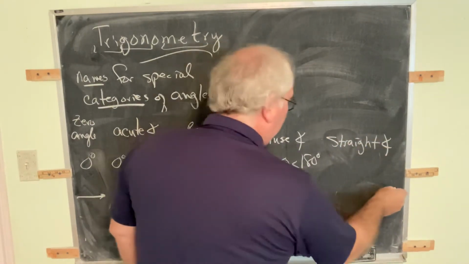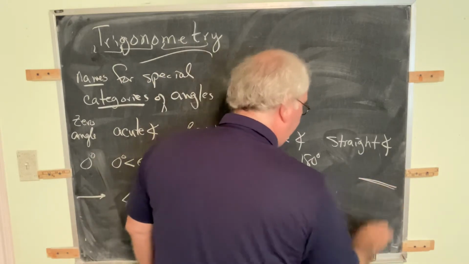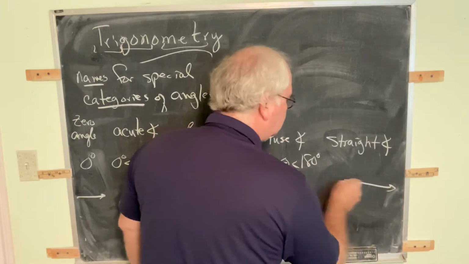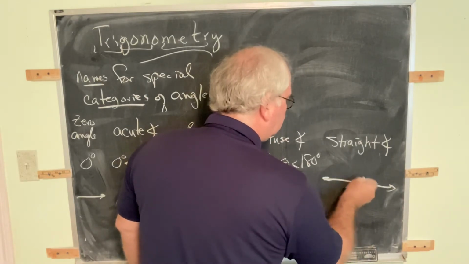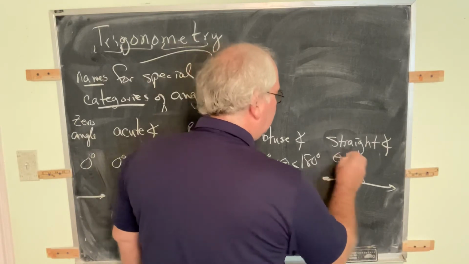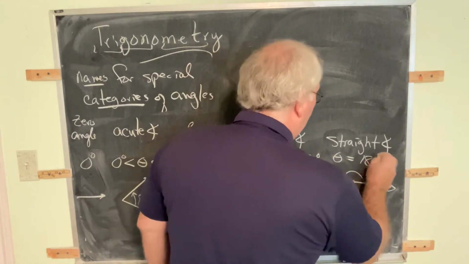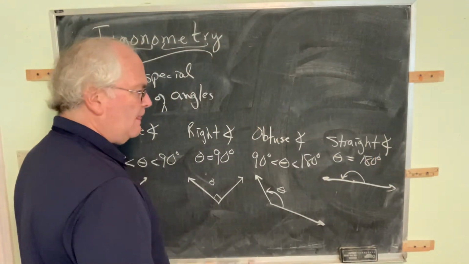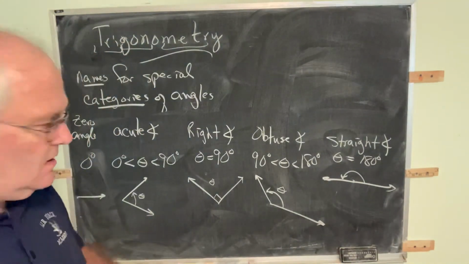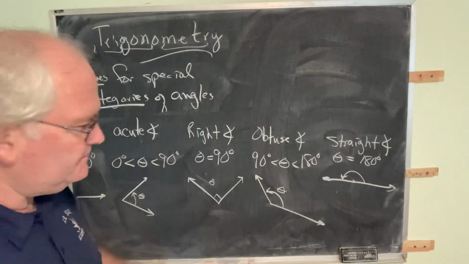A straight angle is where theta equals 180 degrees. That is considered an angle. That's a straight angle. It has properties like other angles have.